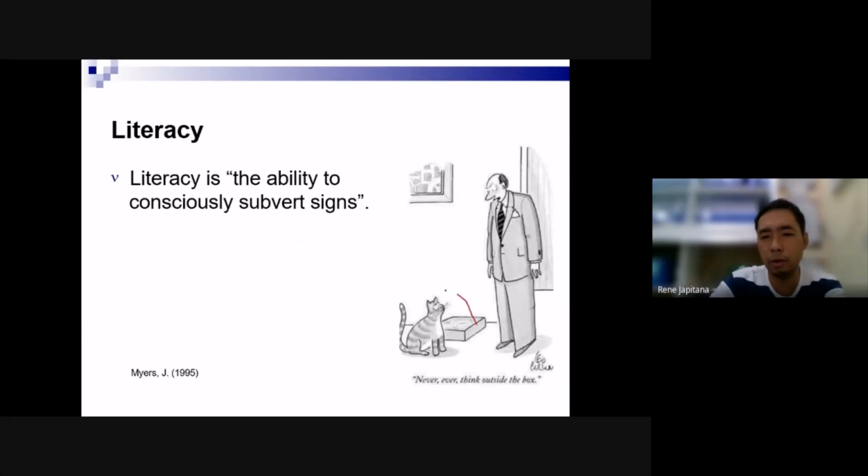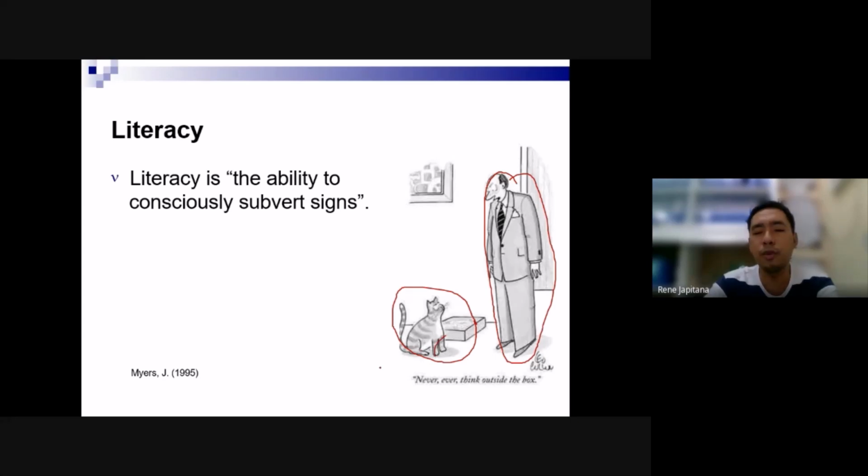Look at this. There is a sign when the owner of this cat witnesses something different, we can really interpret. Someone will tell me that the cat is hungry or the cat misses its owner. That is because of the ability to consciously subvert signs.